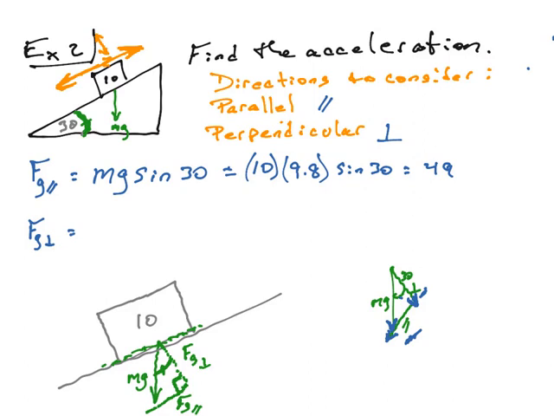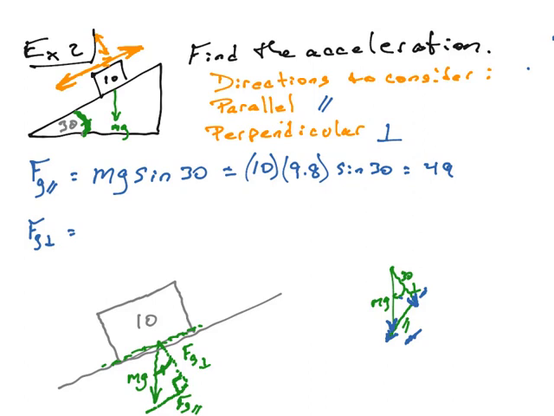Now, for me, I happen to know this block is going to slide down the ramp. Since I know it's going to move down the ramp, let me call down the ramp positive. Because if I don't, then that just means I'm going to have a negative in my answer. You can do it, that's perfectly fine. Just tell me that's your negative.